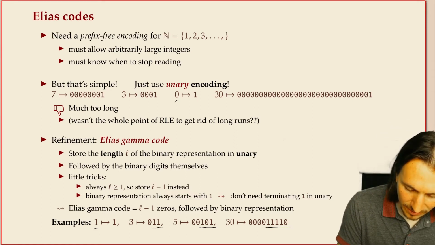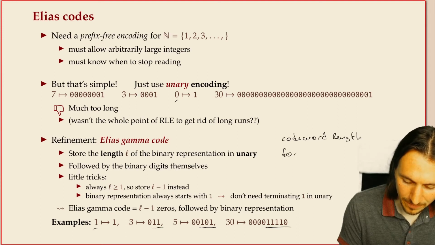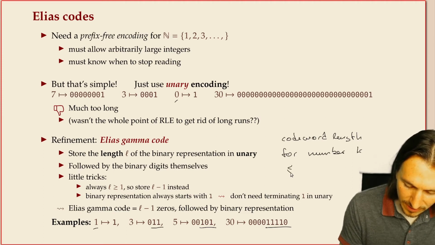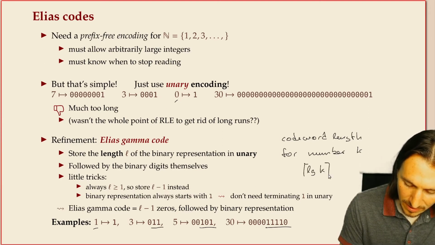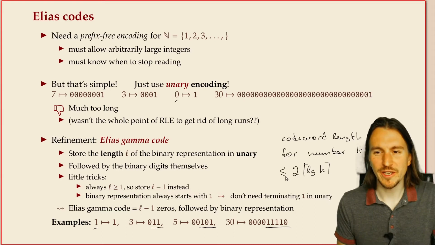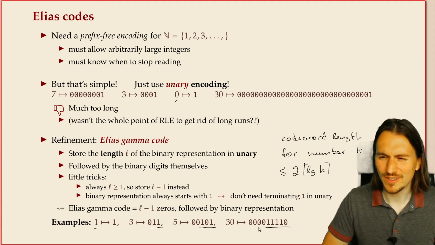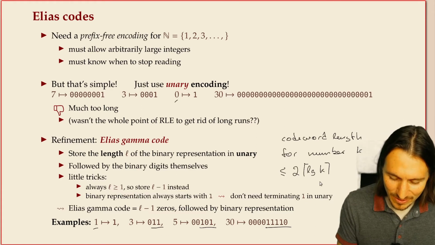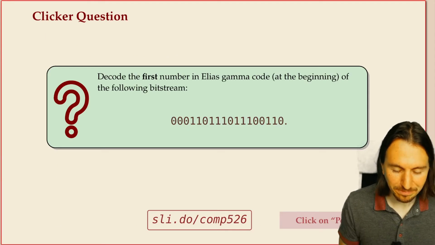So the code word length for a number k is log k to represent that number, and then twice, plus minus 1, minus 1 I guess, because of the 1 zero less, and maybe minus 2 actually. But this is roughly what you get, whereas here it was linear. Okay, so that's the important difference.